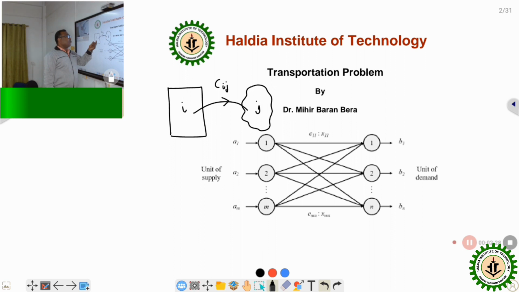Why am I saying ith origin, jth destination? Because the same material can be produced in different places and the same material can be needed in different destinations also. That's why we define the ith origin and jth destination.